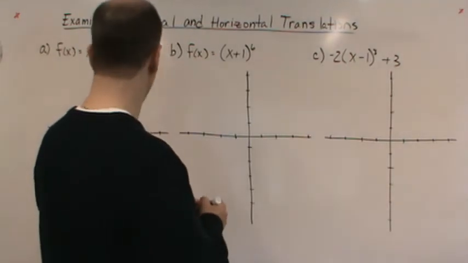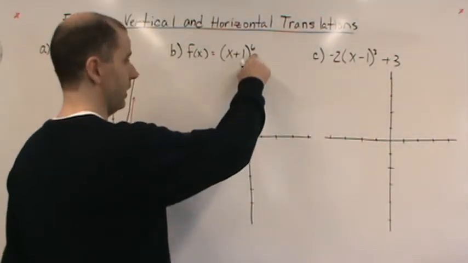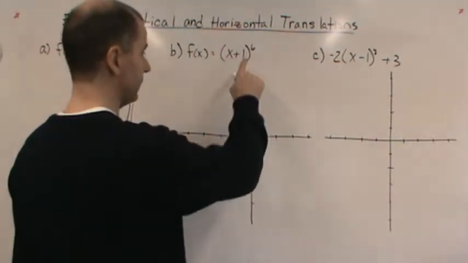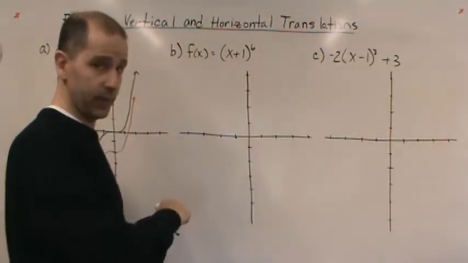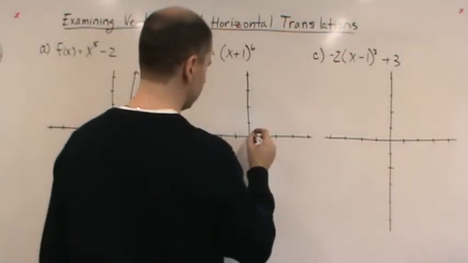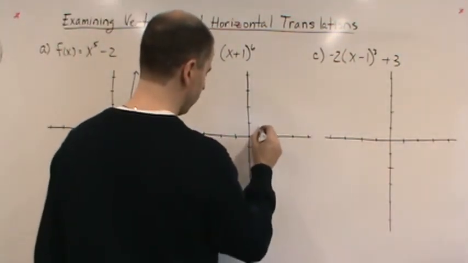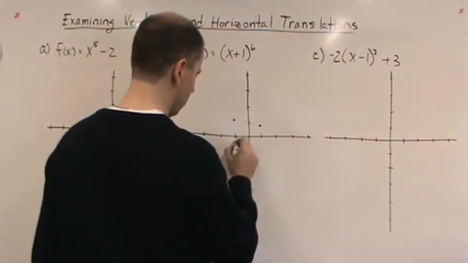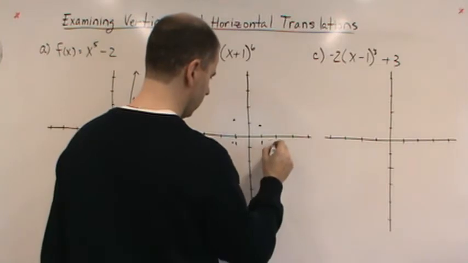I know the basic function here is x squared, so it's a squaring function. It's an even degree, which means it's symmetric with respect to the y-axis. We know it's going to go through these 3 points, since we know the basic function.